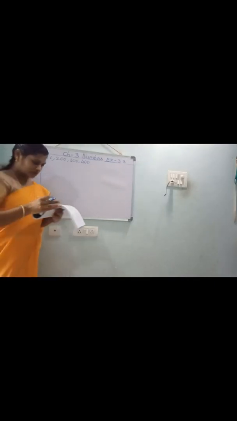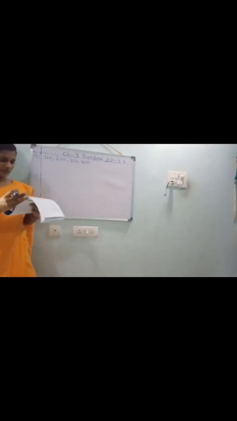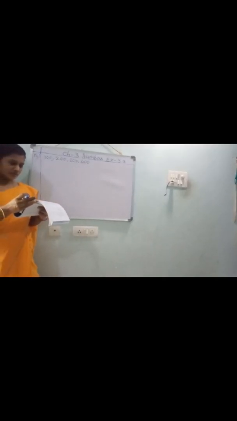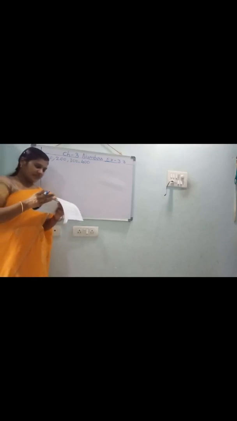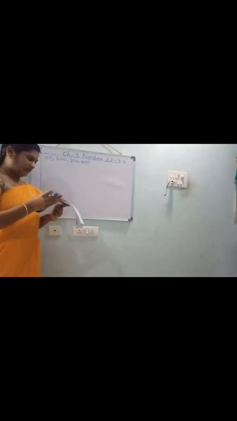Next, 16th one. Sania has 3 books: Harry Potter, Quidditch and Percy Jackson. The number of pages for each book is given below.